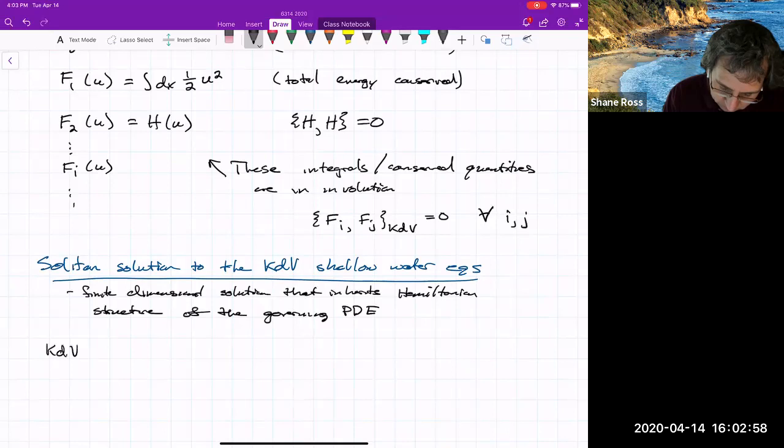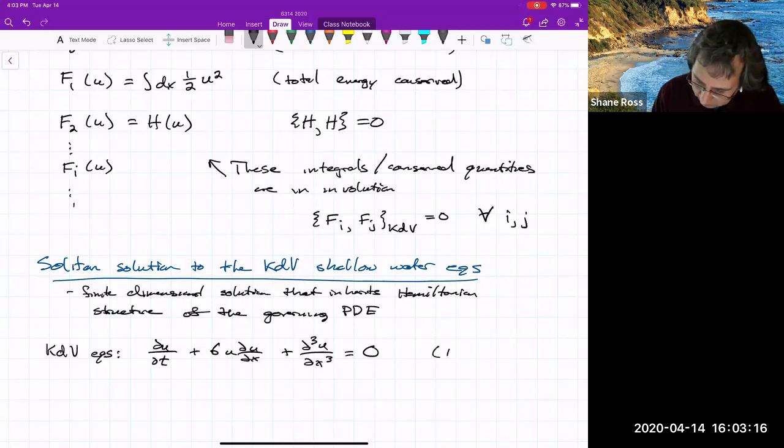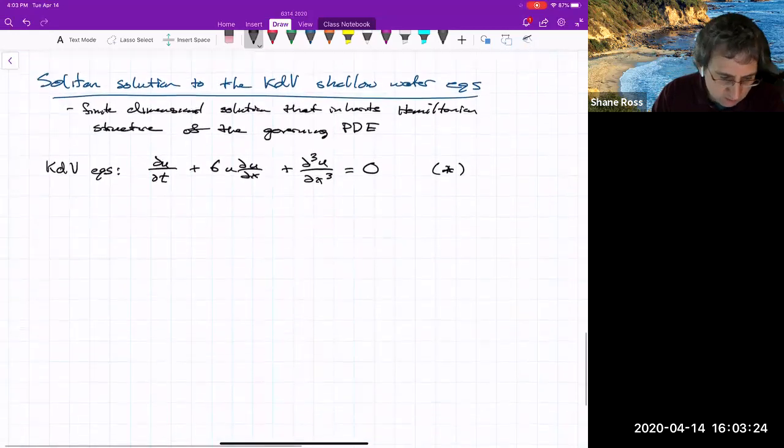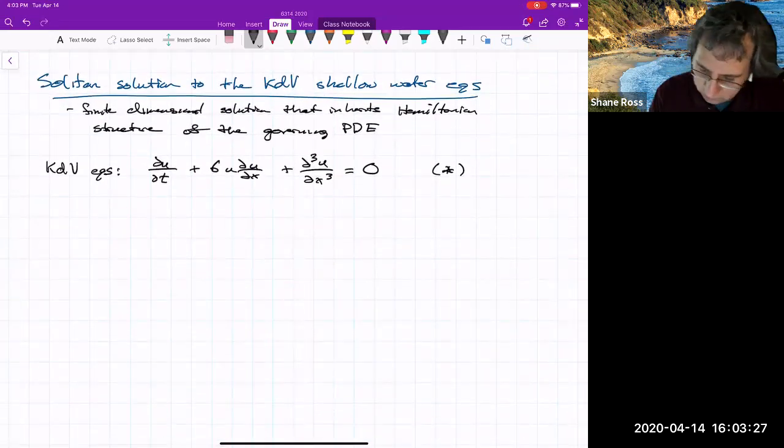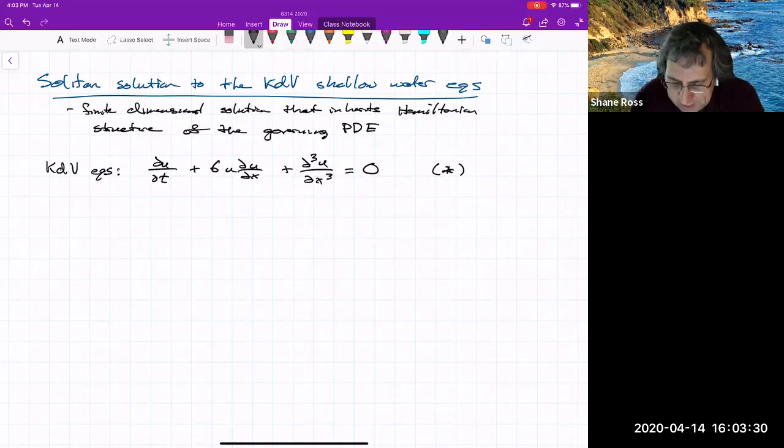So let me just repeat here what the KdV, the shallow water equations were. Partial u partial t plus 6u partial u partial x plus the third derivative of u with respect to x. And I'll call that equation star. Now, if you've done anything with PDEs that you think admit a wave solution, one common thing to do is you assume a wave solution, and a wave solution has a certain structure.